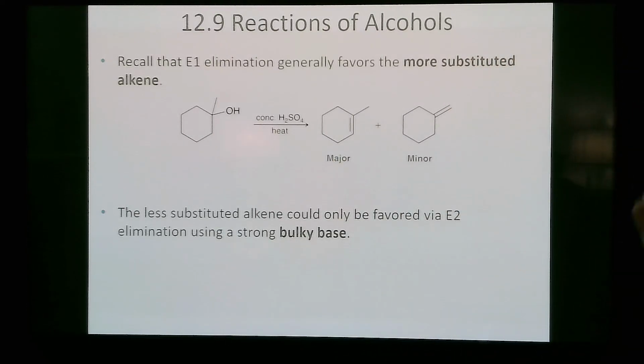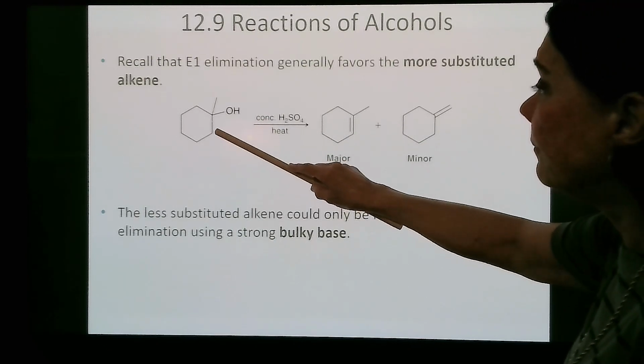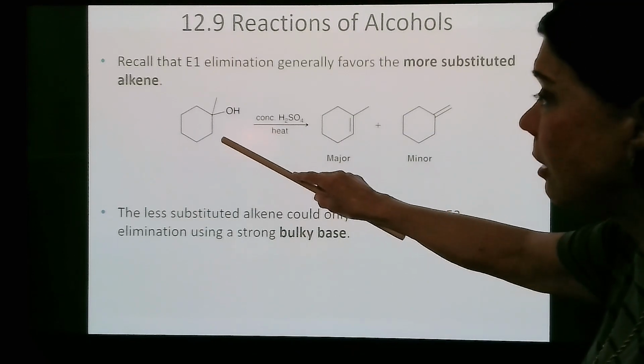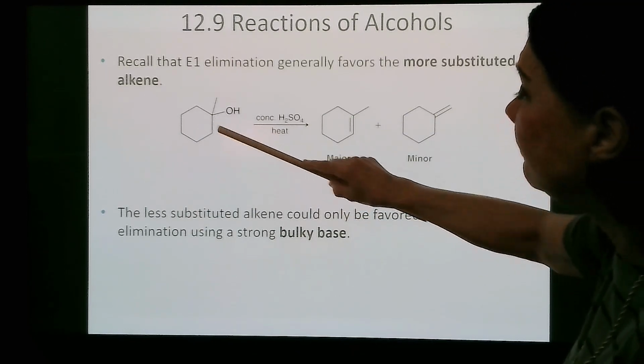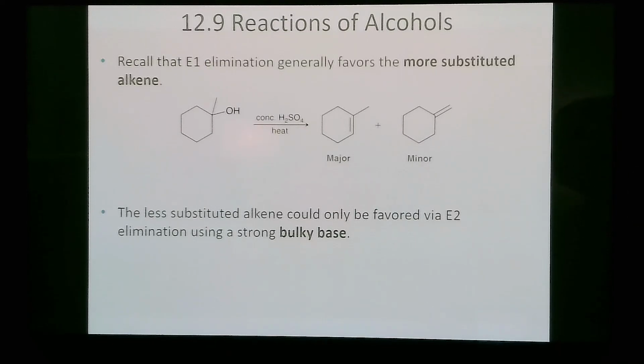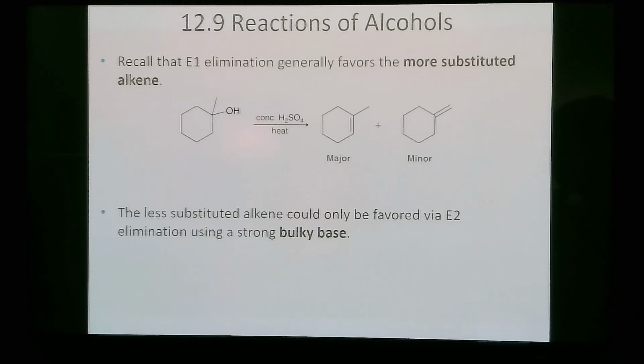And then when you lose the other proton over here, the pair of electrons will move in and form the double bond. And in E1 elimination, you will have the more highly substituted alkene formed.